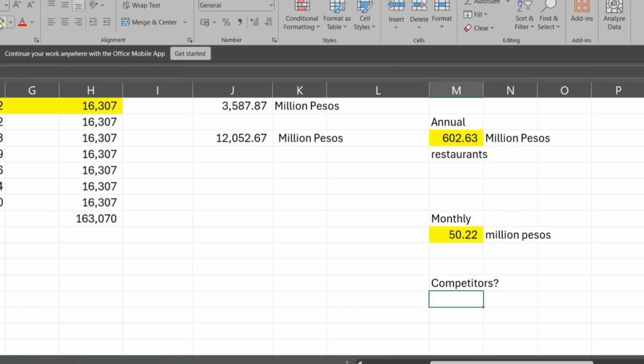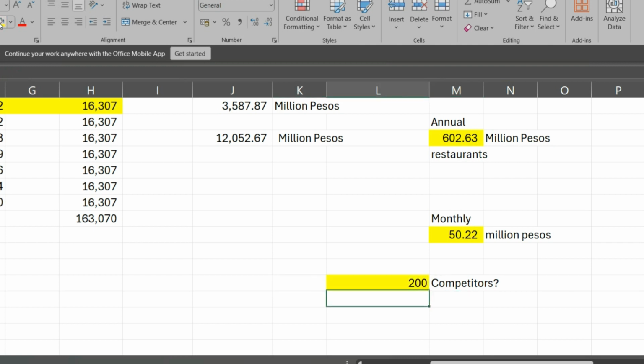So in a 5 kilometer radius, that is all, right? There are not too many in that area. But let's assume that there are about 200 competitors there. Again, the number of competitors is 200.